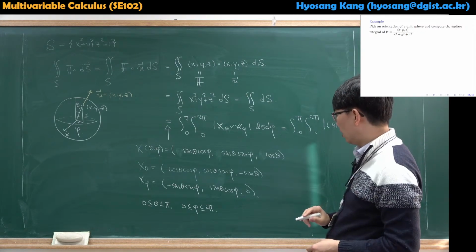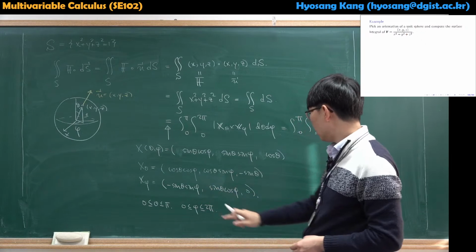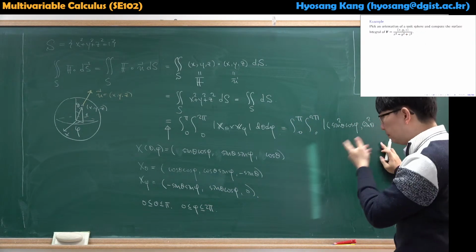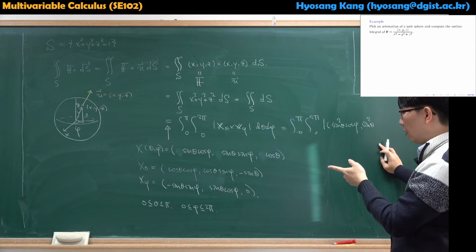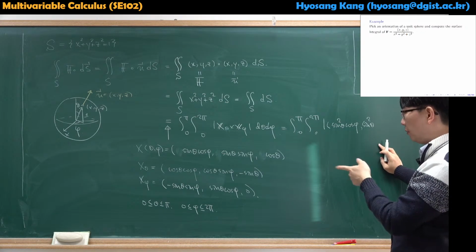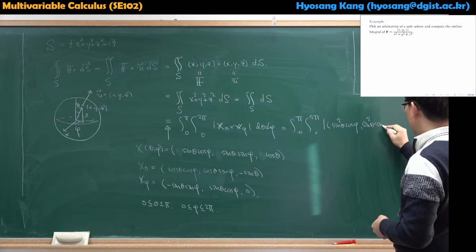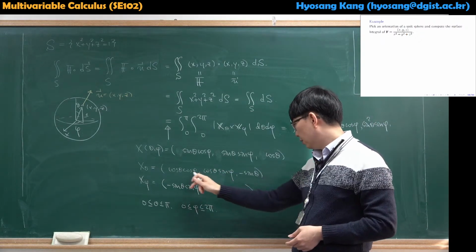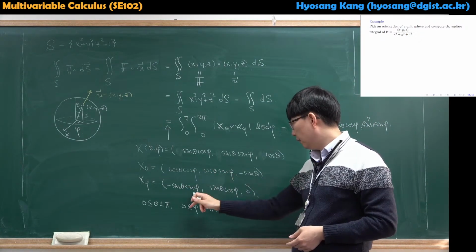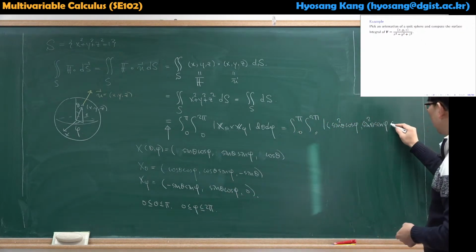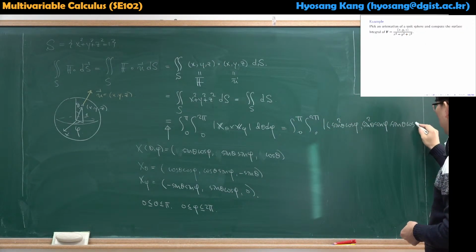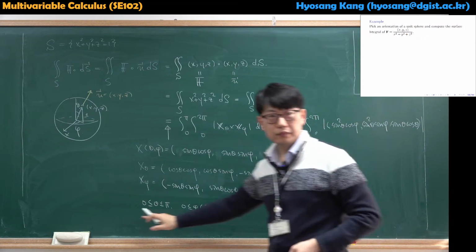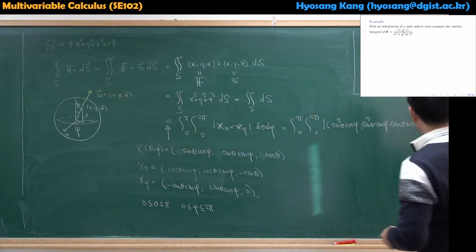And the second factor is sine square theta sine phi, since minus times minus is a plus. And how about the others? We have sine theta cosine theta times cosine phi square plus sine phi square, d theta d phi.